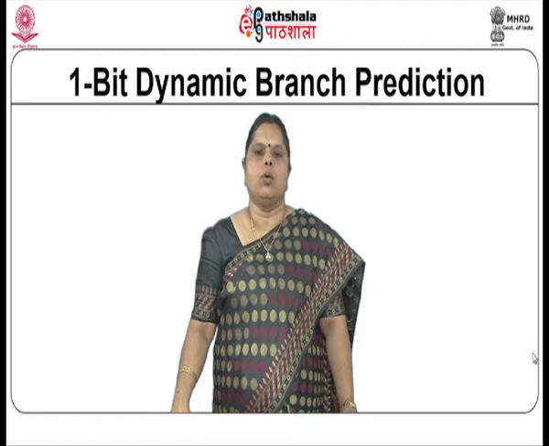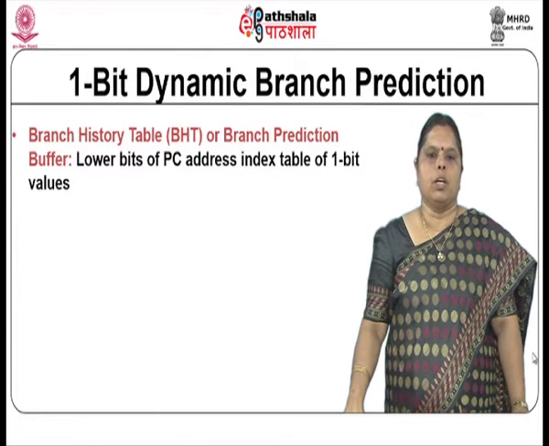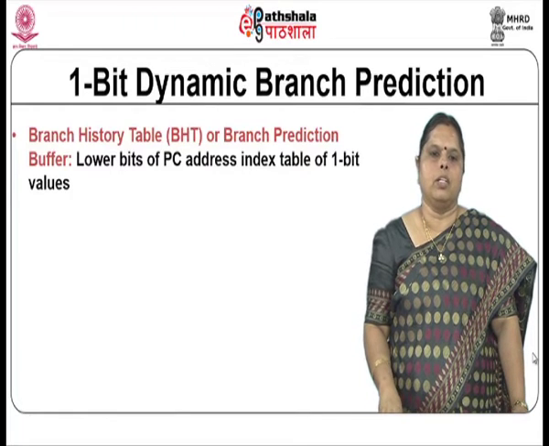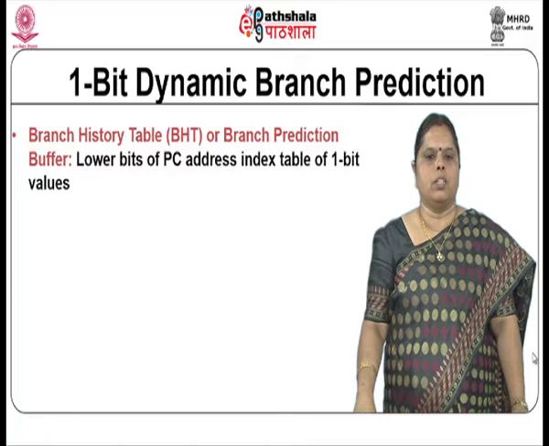So, the first one is a 1-bit dynamic branch predictor. In the case of a 1-bit dynamic branch predictor, we make use of a branch history table or a branch prediction buffer. This hardware is common to all the dynamic branch prediction schemes.